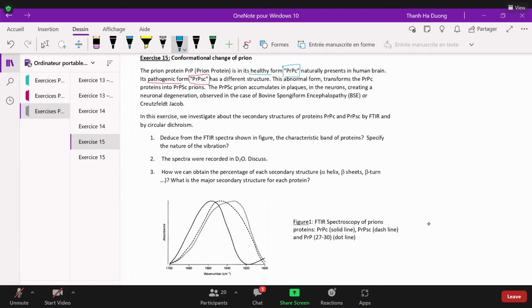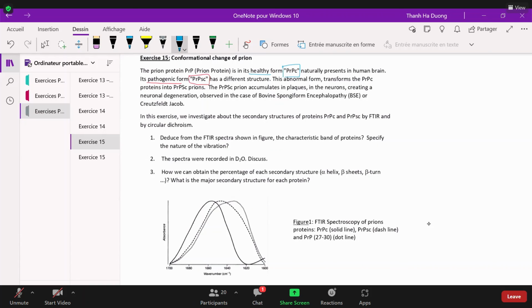Okay? So in this exercise, we investigate the secondary structure of the proteins PrPC and PrPSc by infrared and CD. So you have the infrared band spectra here.